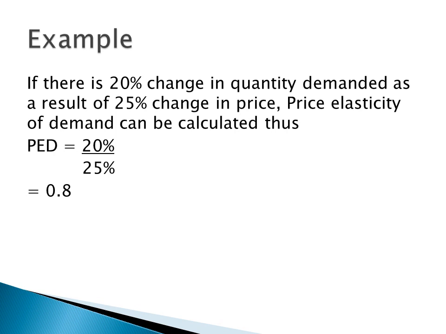And then the coefficient is obtained. Now, there are different methods of calculating elasticity of demand, but I'm using the percentage method because it is straightforward. Most students are familiar with it. Now, in your books, there are other methods that have been explained there. You can also read them for further clarification.